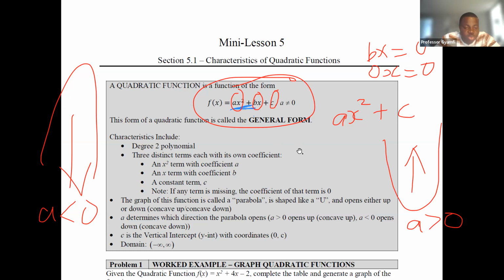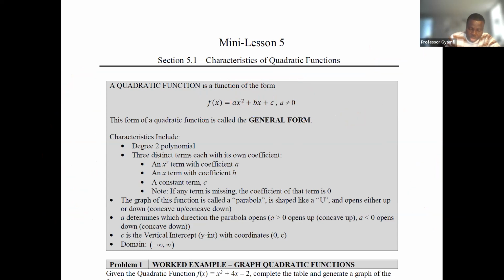Now, just as we noticed from linear functions, the vertical intercept or the y-intercept is going to be our c here. Why? Because we know that for the y-intercept, x equals 0.